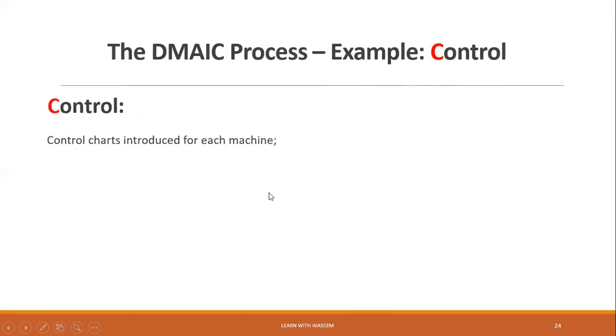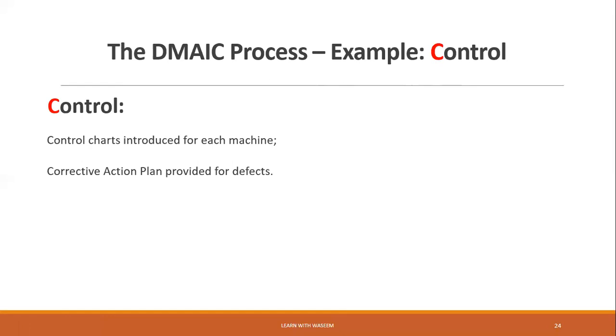So control charts introduced for the machine, and you know what control charts actually mean. A control chart represents whether your processes are stable or unstable, whether your processes are within the control limits or not. If some of the processes are out of the control limit, then that means you have to take some actions.